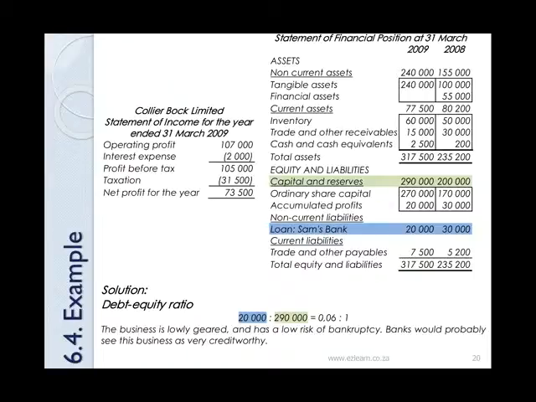In this case, the business currently has a ratio of 20,000 compared to 290,000. 20 divided by 290 gives you a very, very low ratio of 0,06 to 1. This business is very lowly geared and therefore has a very low risk of bankruptcy. Banks would probably also see this business as very creditworthy. Thinking of our car analogy, this business is driving very slowly and it is safe.